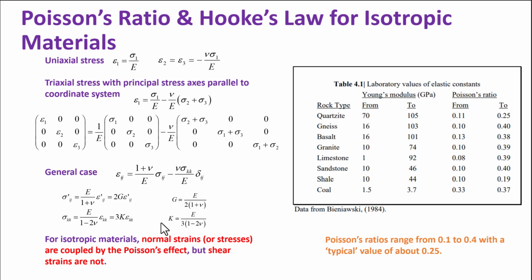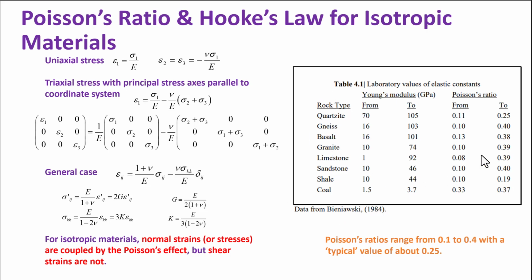Different pairs of constants can convert to each other easily. Like here, if you use Young's modulus and Poisson's ratio, those two constants can be converted to shear modulus and bulk modulus easily. So, two material constants for isotropic materials.